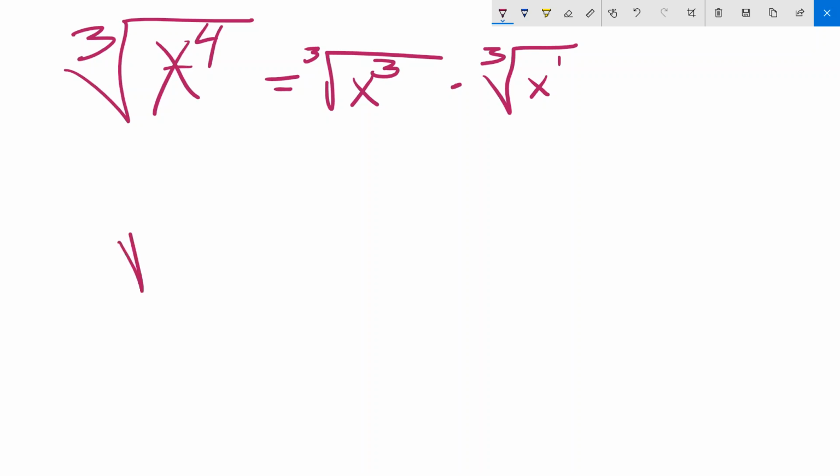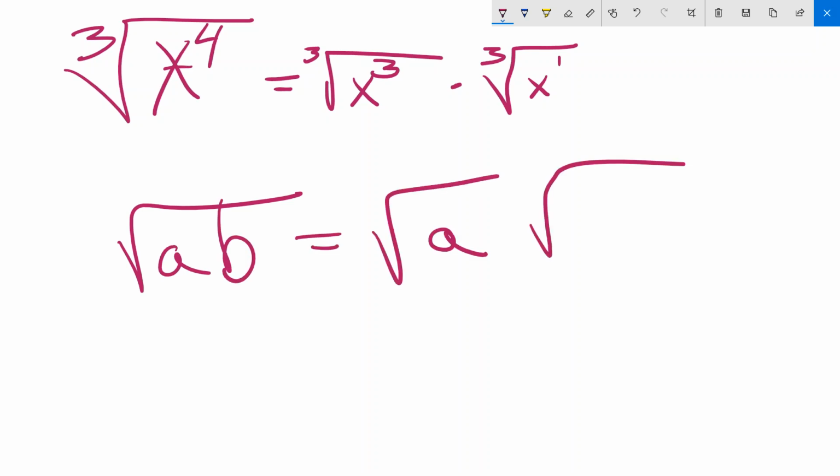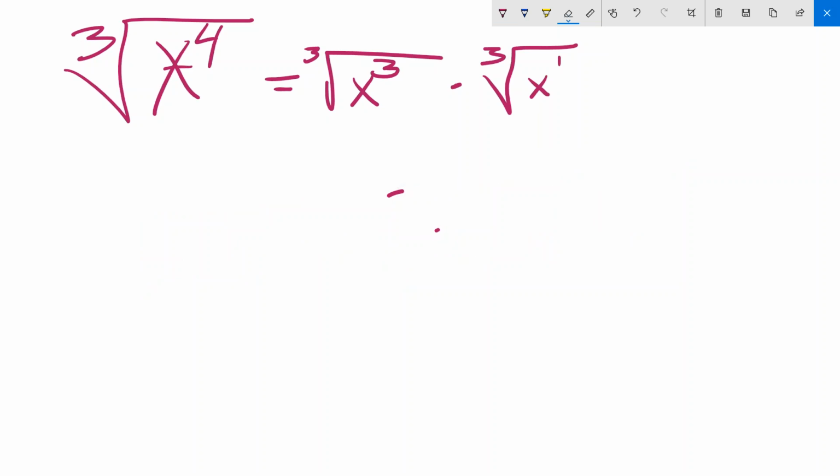There's a principle involved, and it's true whether you have square roots, cube roots, 4th roots, 6th roots, doesn't matter. So I can always take the left side and factor it into the cube root of x cubed times the cube root of x to the 1st. Now what's the cube root of x cubed? X. So this is what you're left with: x times the cube root of x.